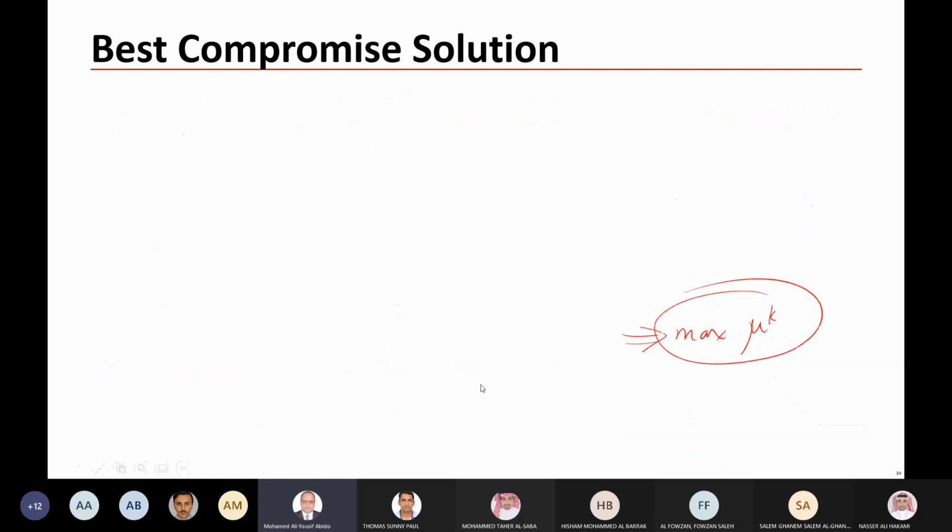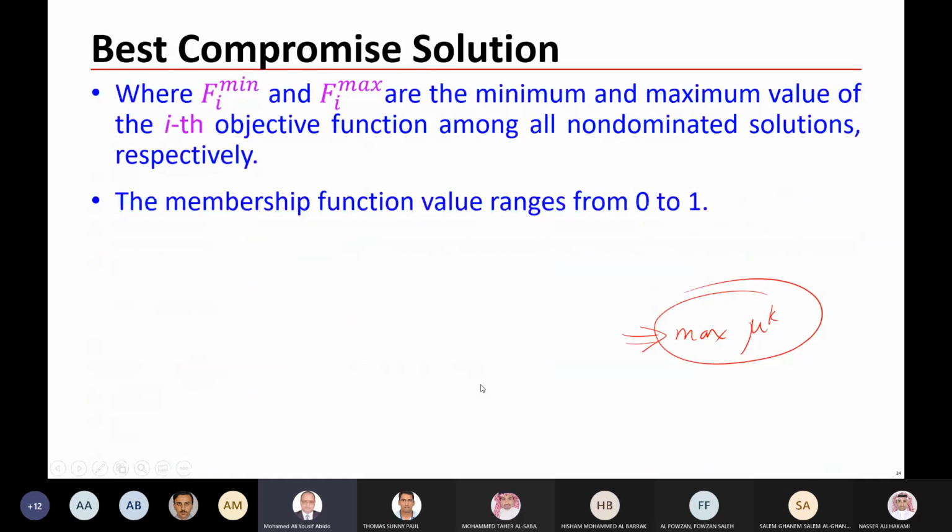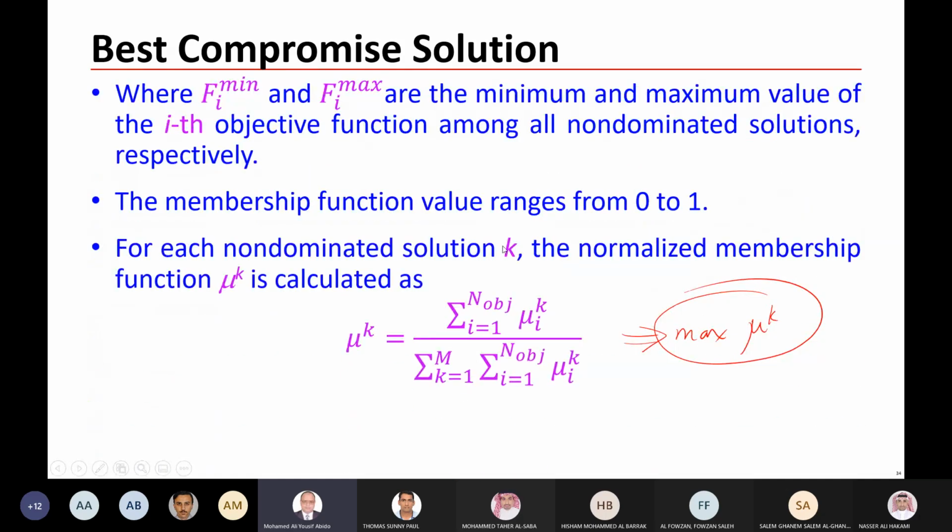Okay. So you have this, and you can calculate it for each solution in the Pareto optimal set: the summation of all mu1 and mu2 for all objectives, over the summation for all objectives for all members in the Pareto set.